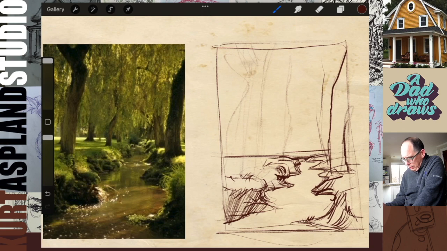Here is then our stream bed, and now we could do some surface lines to get a sense of where the water's coming and flowing. You could even add a few rocks here. They're not in the picture, but they will give a sense.